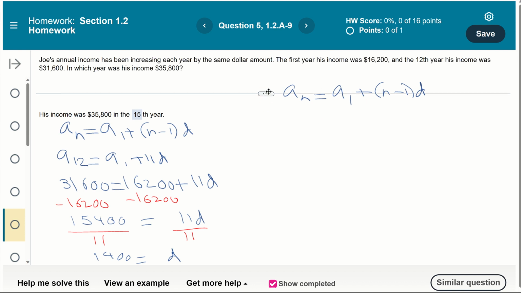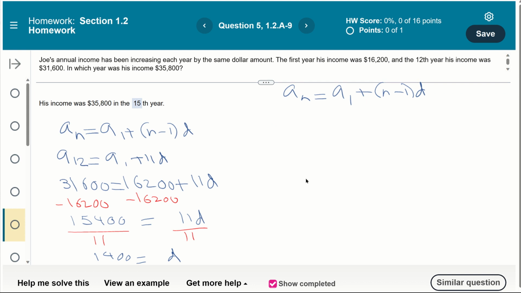So we have 35,800 equals, A1 doesn't change, that's the initial amount, right? Plus n minus 1, and now we do know the common difference, which is 1400. So now we have to solve this equation.